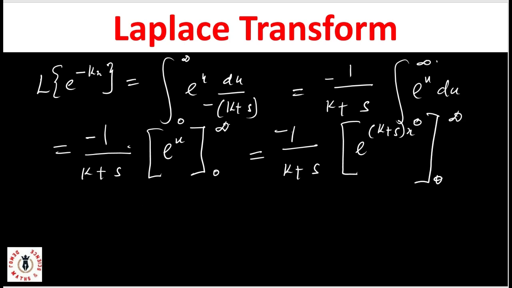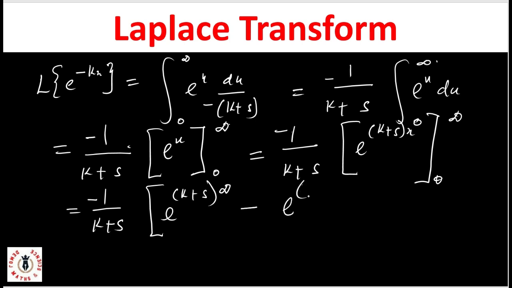So this is minus 1 over (k plus s) times e raised to power minus (k plus s) times infinity, minus e again raised to power minus (k plus s) times 0.